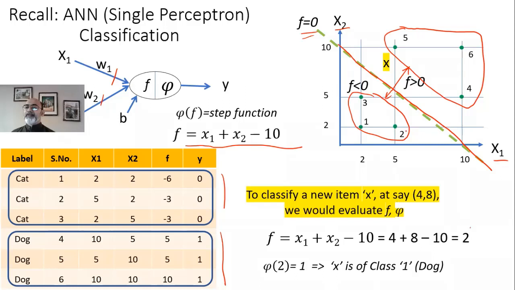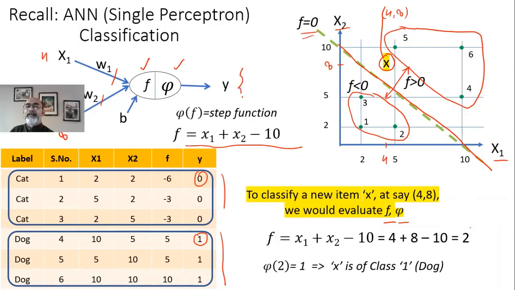So the question would be: once you've done the training in your artificial neural network, if you've got a new point, let's say at 4, 8, how would you decide whether it should be category 0 or category 1? Hopefully you would evaluate this based on the F and the phi values. You would enter the new values 4 and 8 and calculate the F value and the phi value.